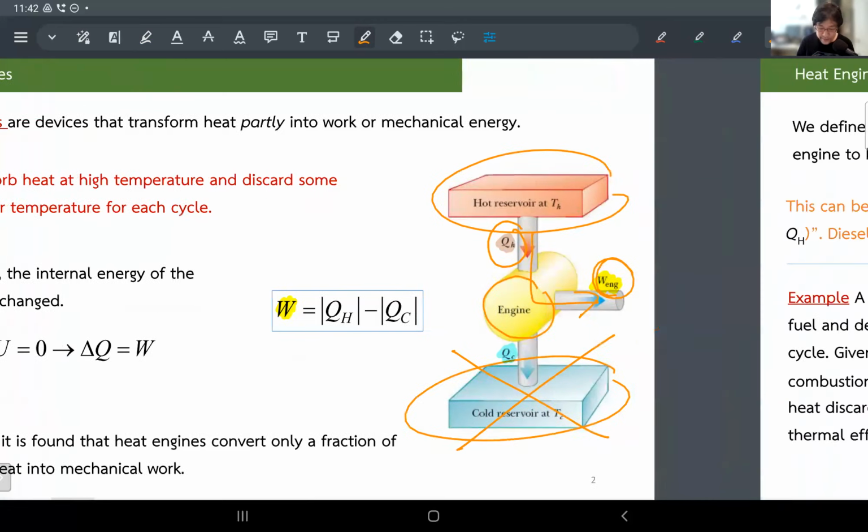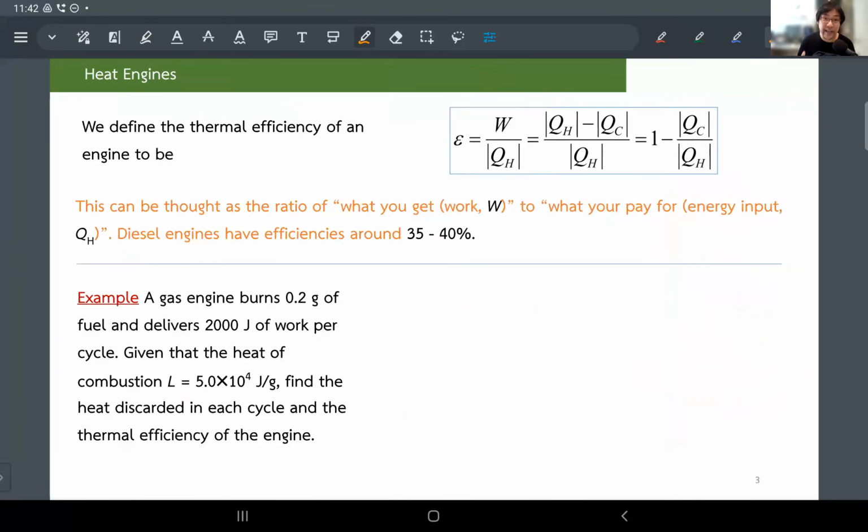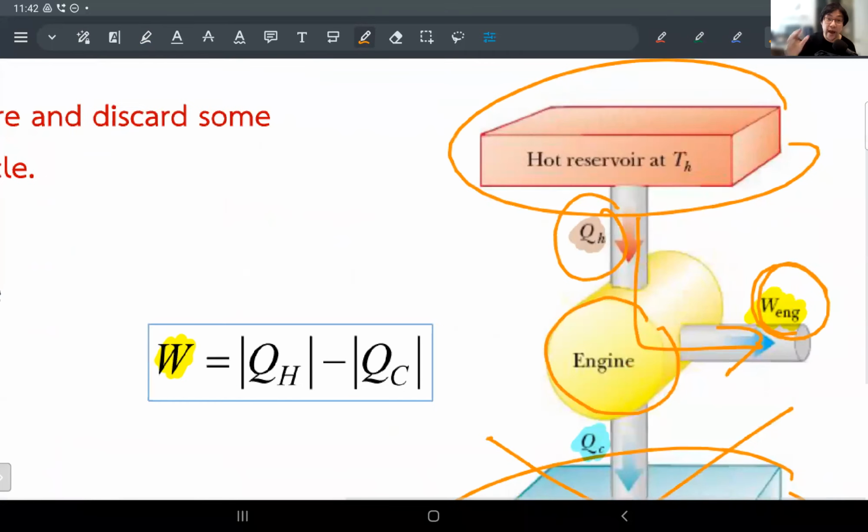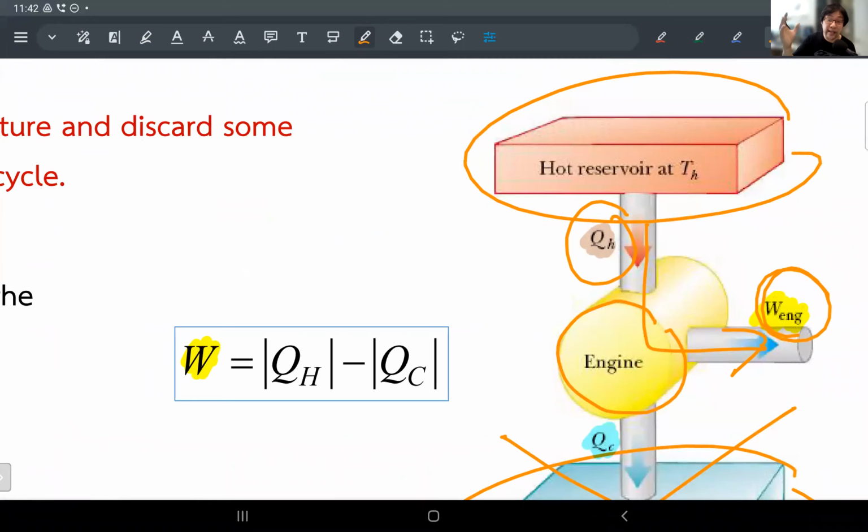And that brings us to the efficiency of the engine. If you could redirect all of the energy from nature into something useful, that would be a 100% efficient engine. But it turns out it's not. Efficiency is the ratio of what you get with respect to what you are receiving.